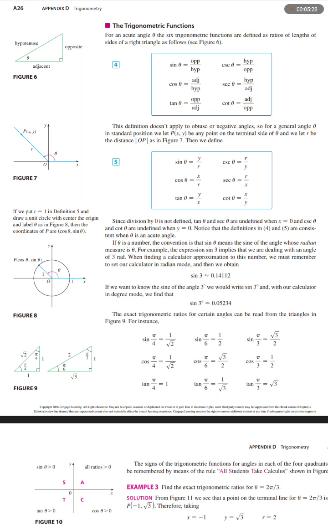If we want to know the sine of the angle 3 degrees, we would write sine 3 degrees, and with our calculator in degree mode, we find that sine of 3 degrees is approximately equal to 0.05234.